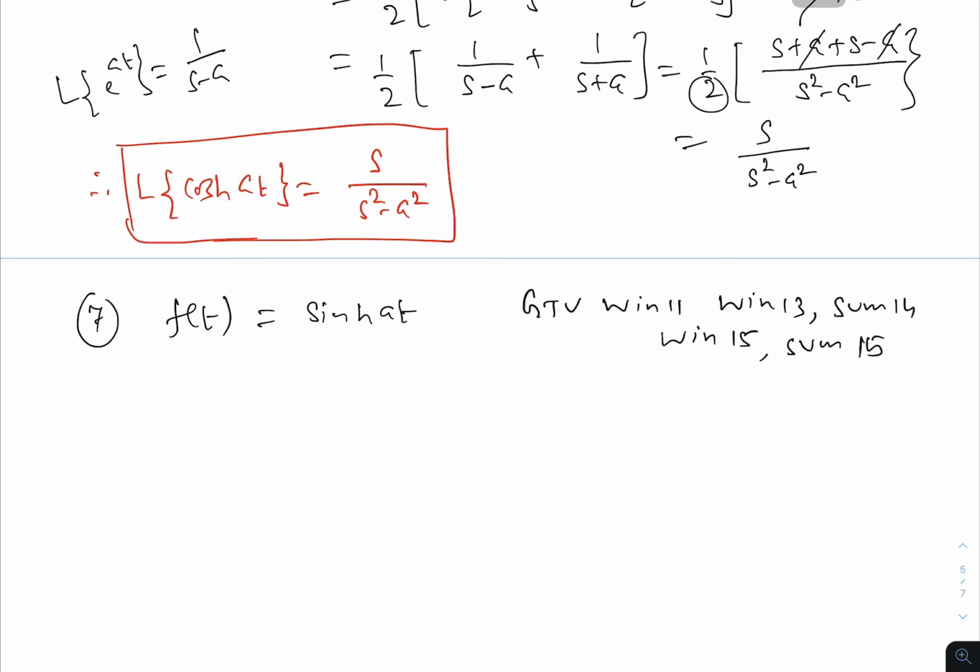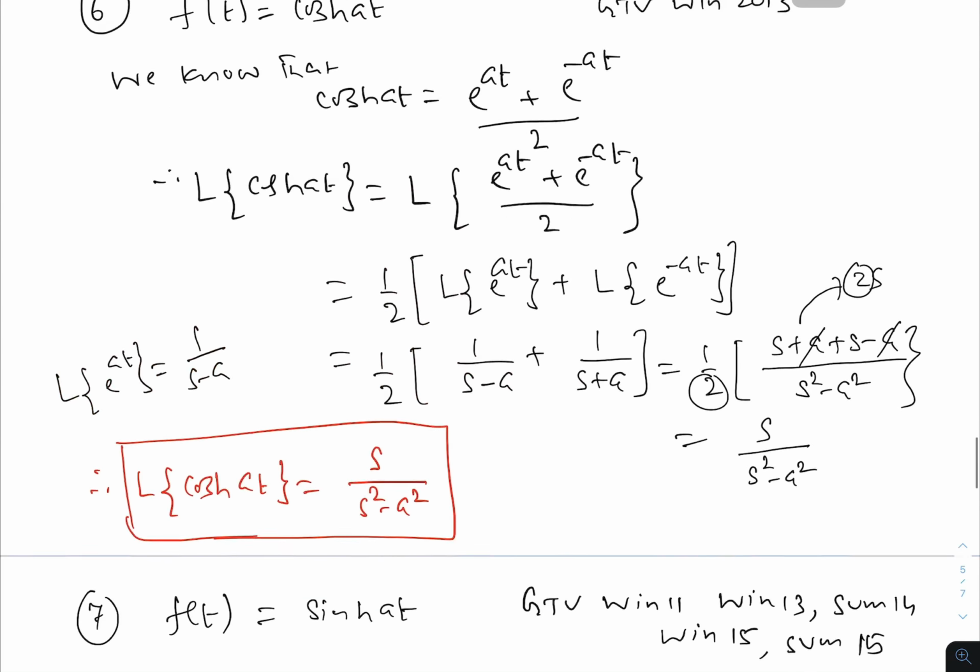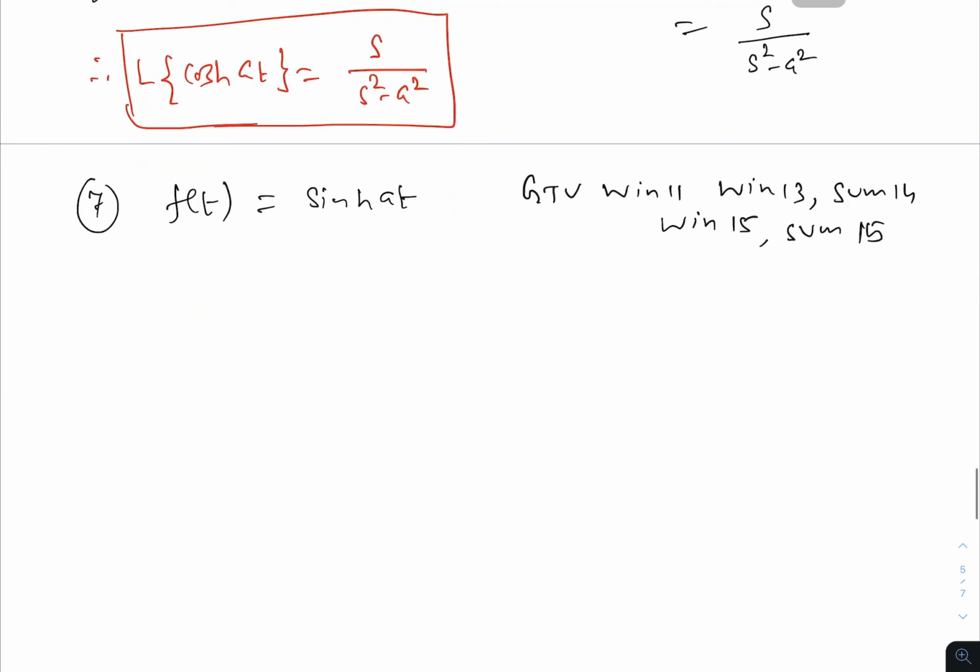So again the same, we know that sine hyperbolic at is e power at minus e power minus at divided by 2.